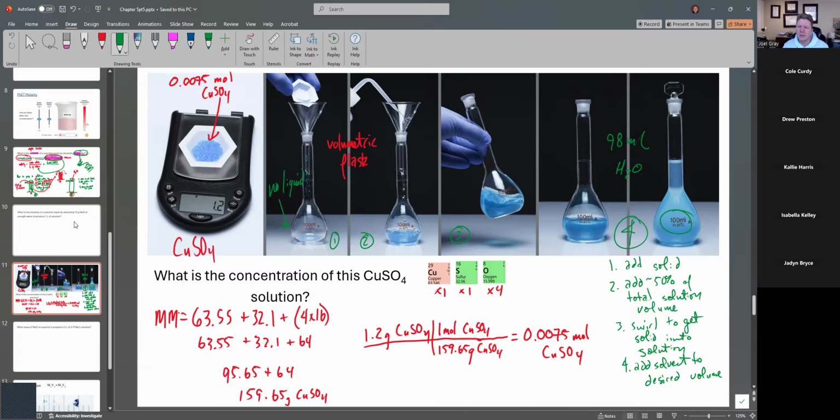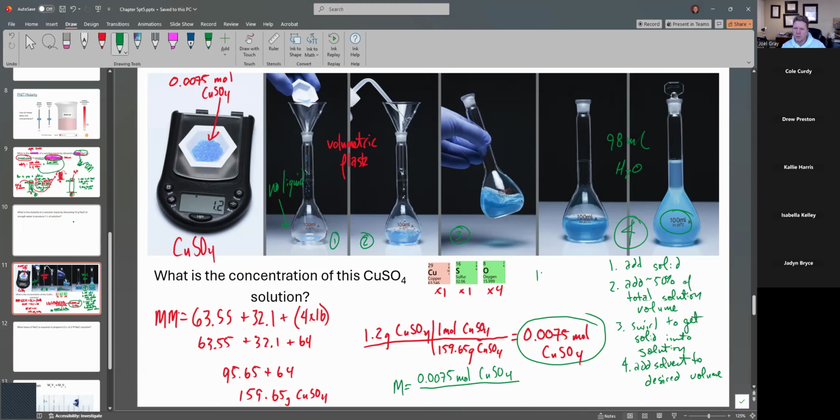Okay, so now to complete this question, what's the molarity? What is the concentration of the solution? We've got our number of moles, and then we've got our volume. So our molarity is our moles of solute, 0.0075 moles CuSO4, divided by, what's our volume?